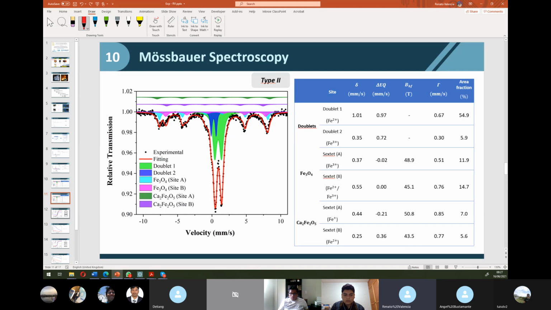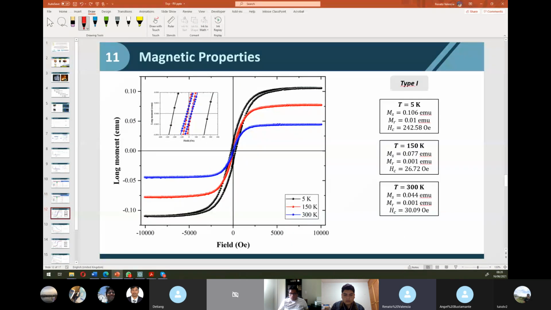The doublets are here, and the magnetite is two sextets, and the calcium ferrite are these two sextets. Okay, in the next slide, I have magnetic properties.